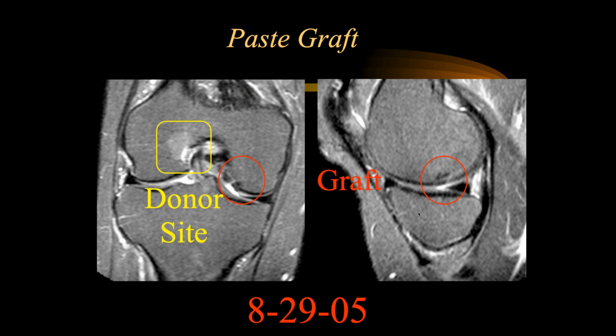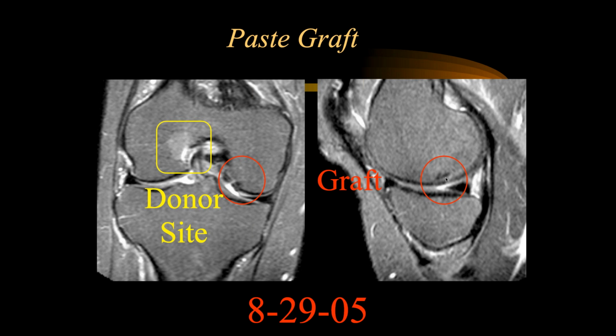So this is one of the forms of autograft. This is called a paste graft. The only person I know who does these is Dr. Stone up in San Francisco. What you do is you take an osteochondral plug, and he takes them from the notch here, which is non-weight bearing, basically grinds it up and just pastes it in where the defect is in the bone.